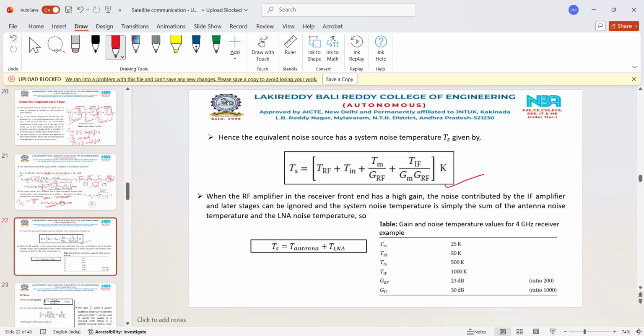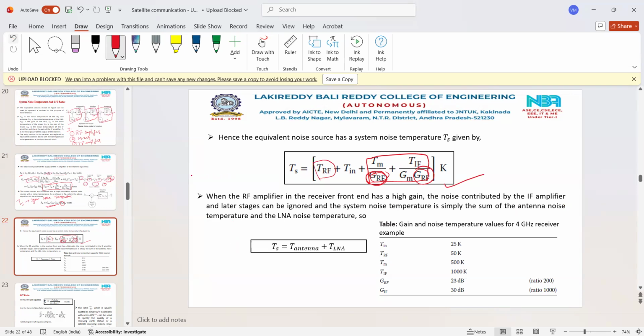The first block of our receiver is the RF amplifier, so if its gain is high, the noise contributed by the IF amplifier and later stages can be ignored, and the system noise temperature is simply the sum of the antenna noise temperature and the low noise amplifier temperature. Because the gain is high, the denominators of these two terms become large, so we can neglect these two components.